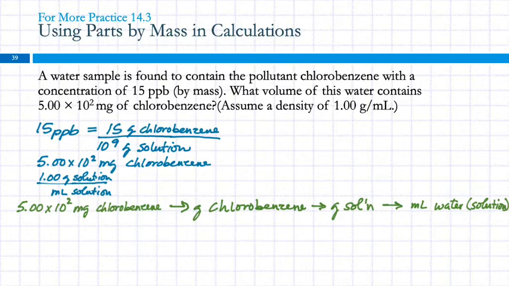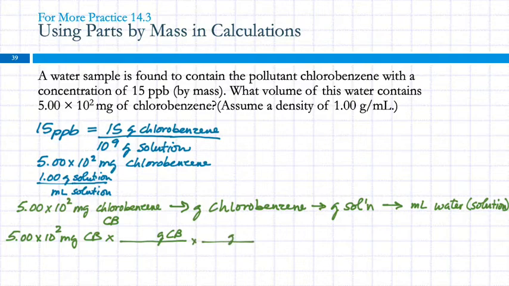So I have 3 arrows this time. And I'm tired of writing chlorobenzene, so I'm going to call that Cb. So 5.00 times 10 to the 2 milligrams of chlorobenzene, and then an arrow, and the next unit is grams of chlorobenzene. And then I'm going to grams of solution.